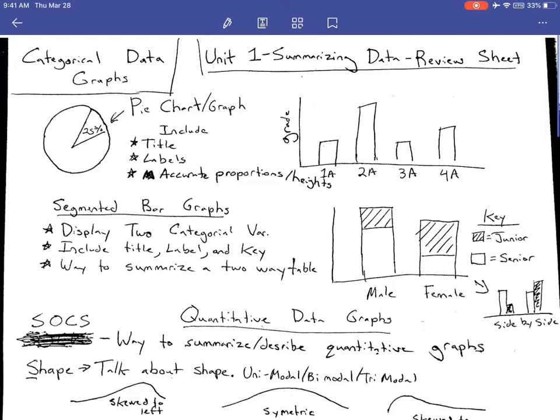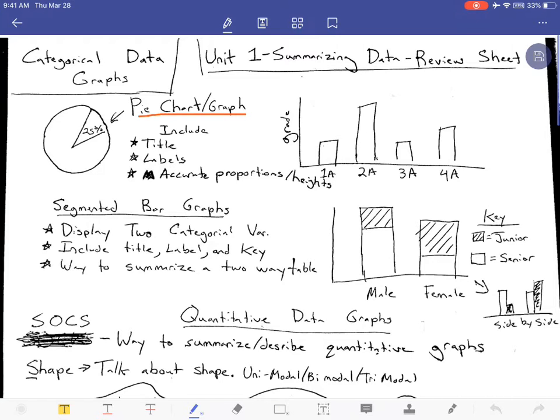So we have different types of graphs that summarize categorical data and quantitative data. We're going to start off with categorical data. Most of the data that you're going to be dealing with is quantitative, so there's a lot more options for the quantitative graphs. But we do have some ways that we can display categorical data. The first one is a pie chart, listed right here, also called a pie graph.